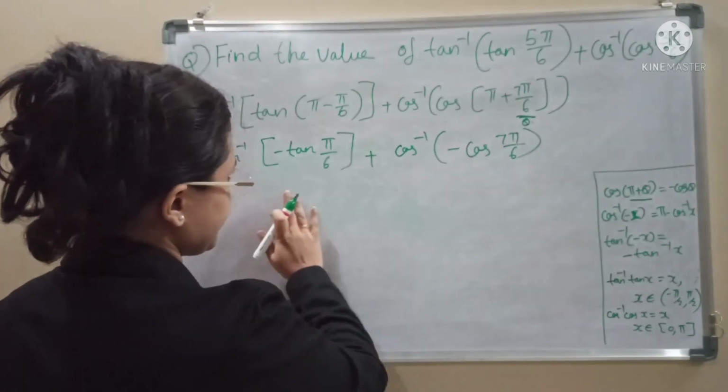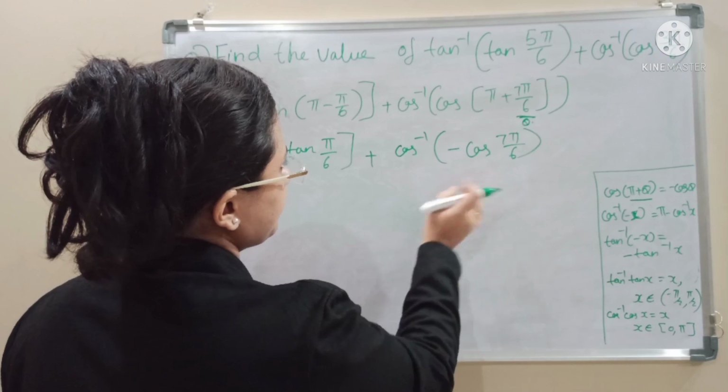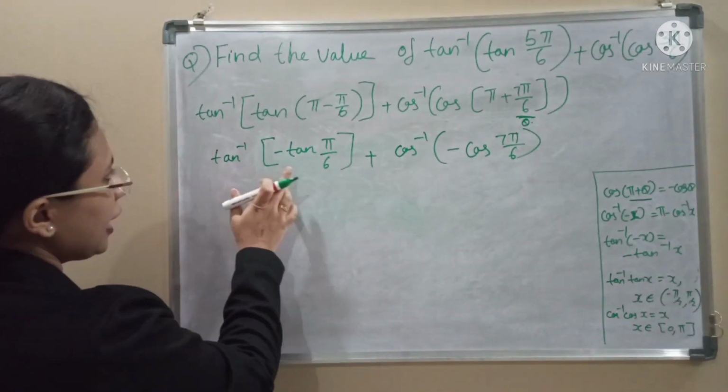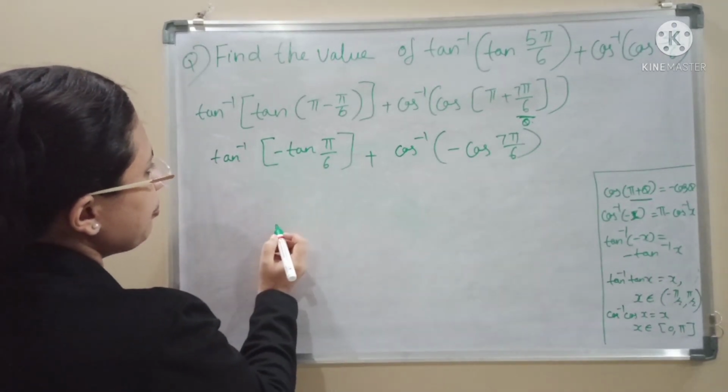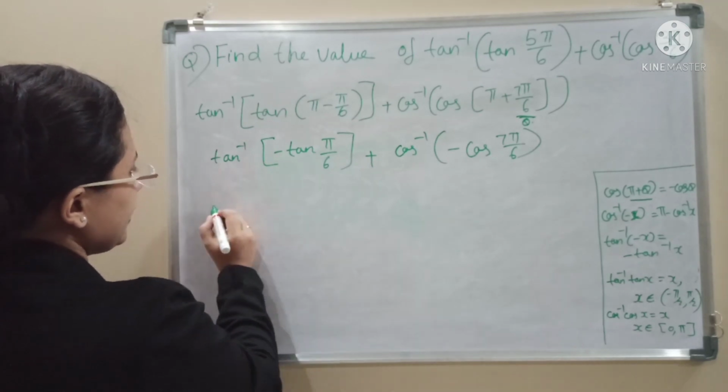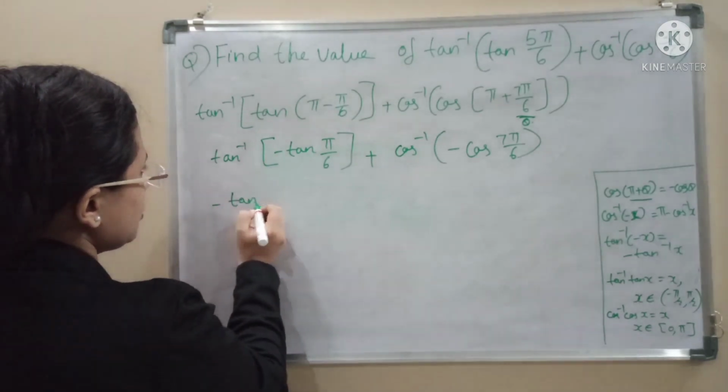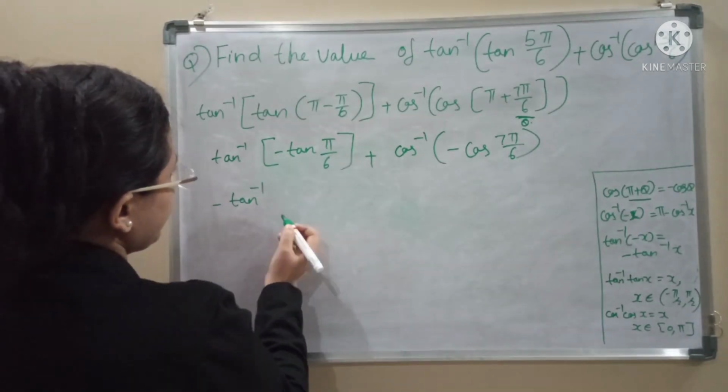Now next, tan inverse of minus tan π/6, so we can take this minus outside.